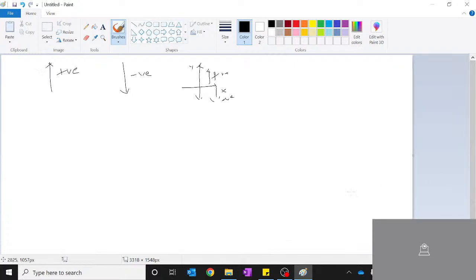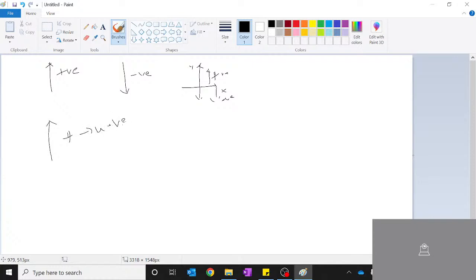Anything that goes up is positive, anything that goes down is negative. Now, tell me, if I am throwing a ball up, the initial velocity u, because I am throwing it up, I'll take u positive.